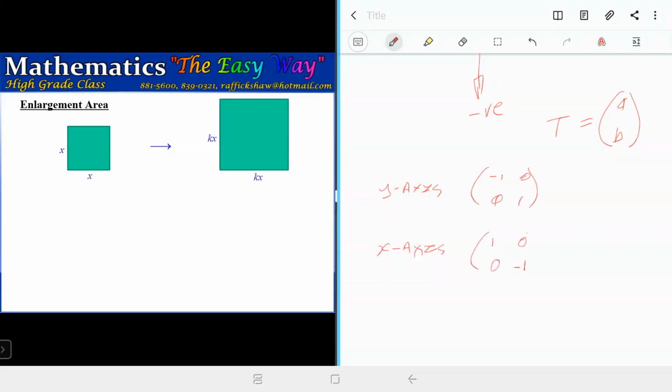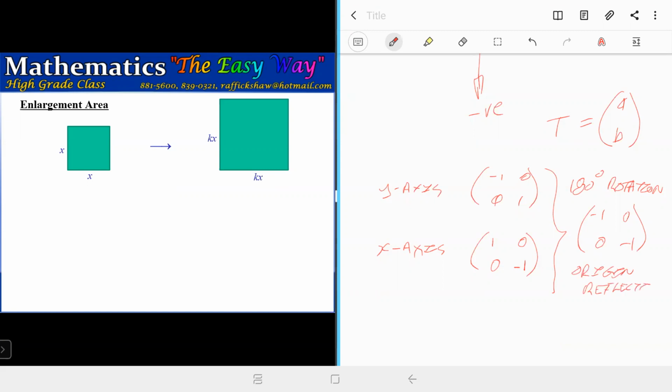We'll put these two together to get the 180 degrees rotation matrix. They're all on the must-know sheet that I gave you. That's the two negatives in it, and this is also equivalent to the origin reflection.